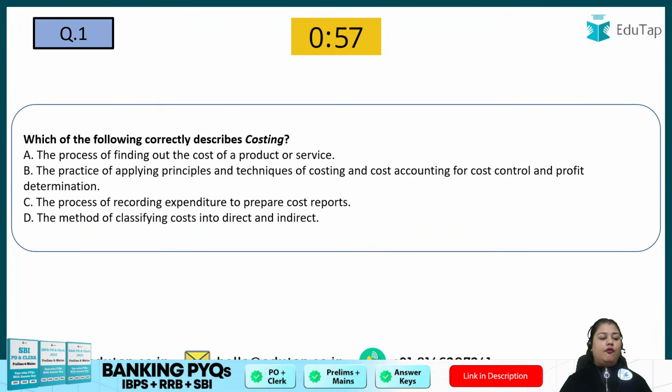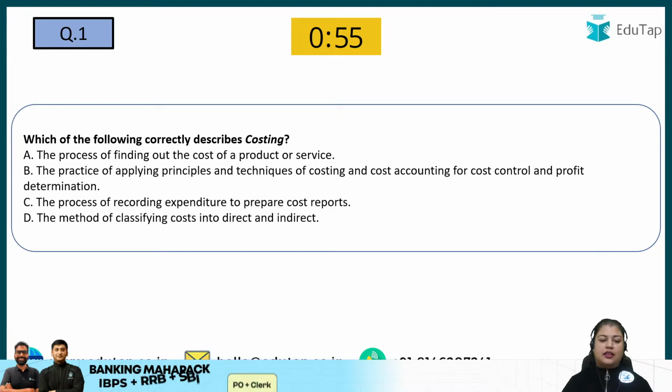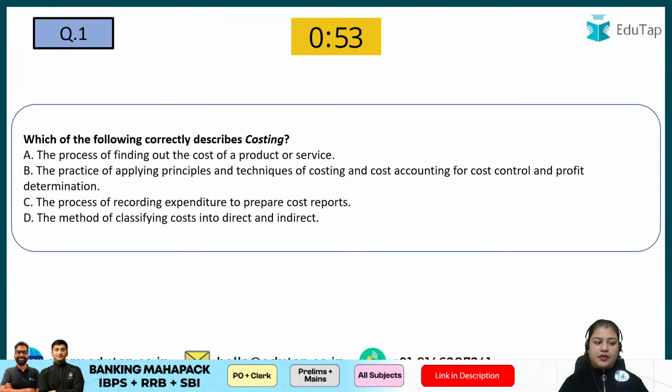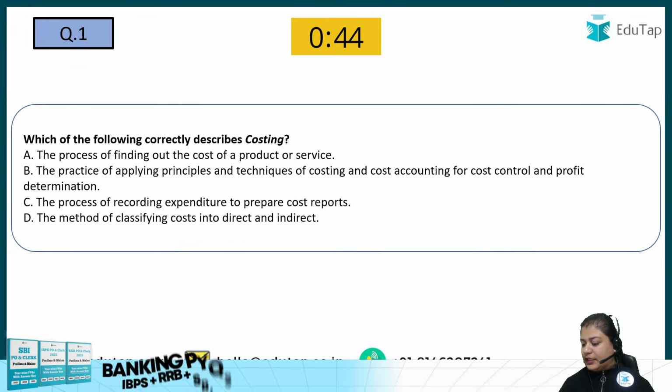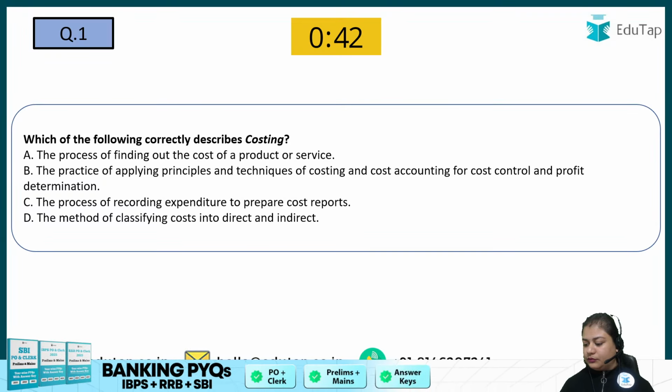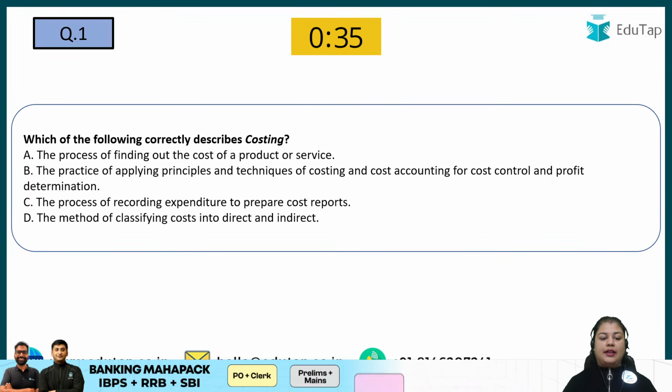Very easy. Which of the following correctly describes costing? Very easy question. Please read the statements very carefully. Which of the following statements correctly describes costing? So please give me your answers. Which of the following correctly describes costing?